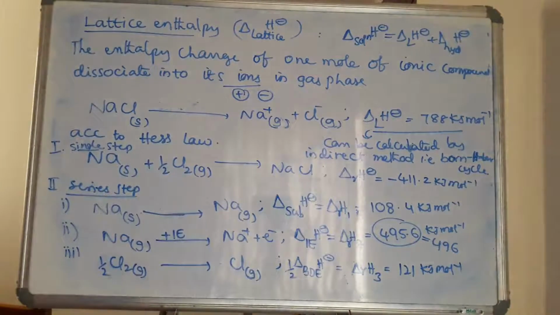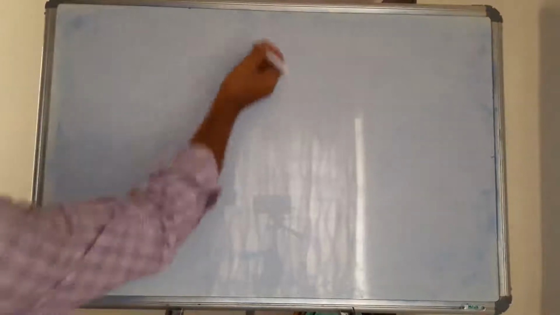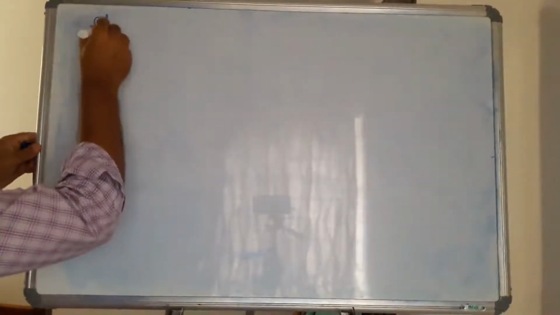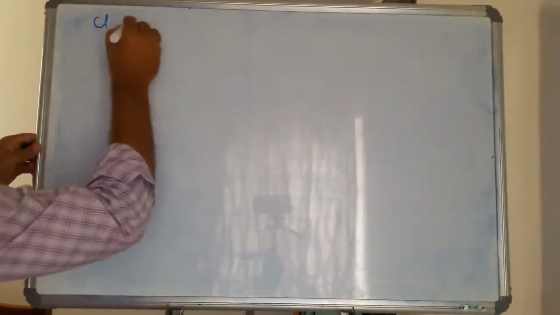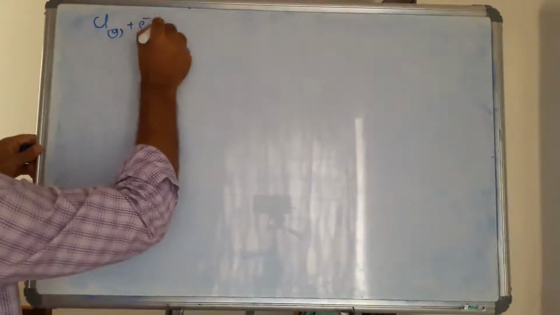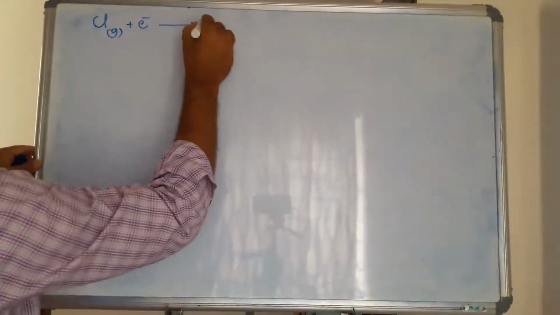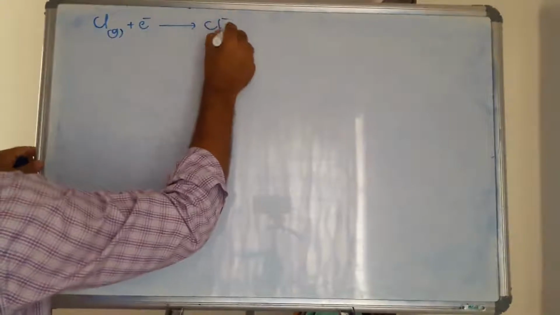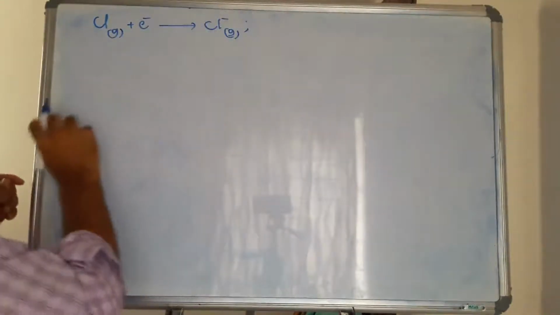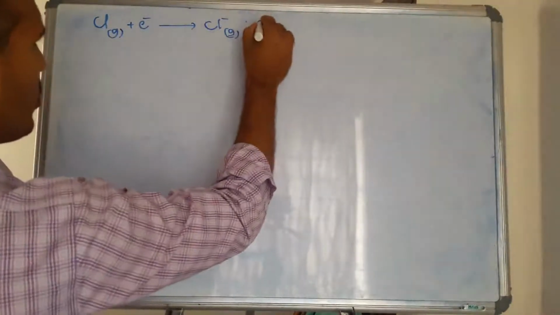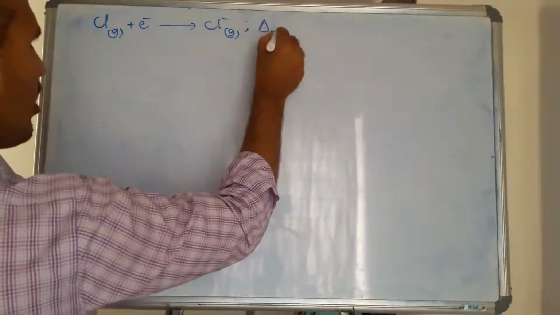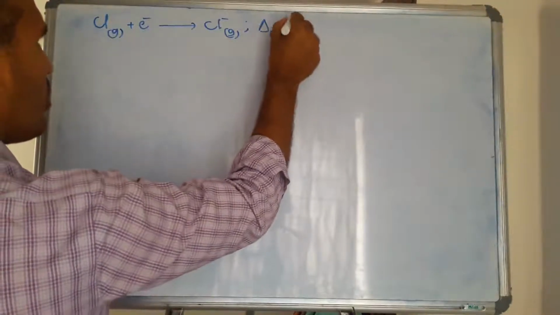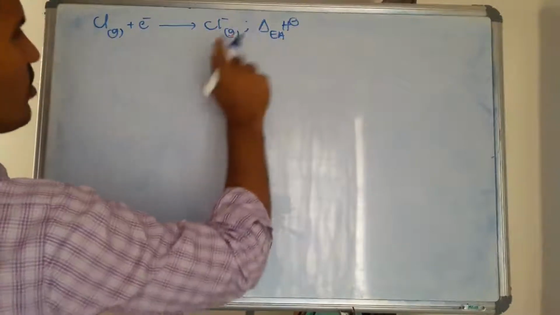Now one more step is there. Now we got the Cl in the gas form. To this we are adding an electron, then this is converted into Cl minus in the form of gas. When an electron is added, this is known as electron affinity enthalpy, otherwise electron gain enthalpy, right?